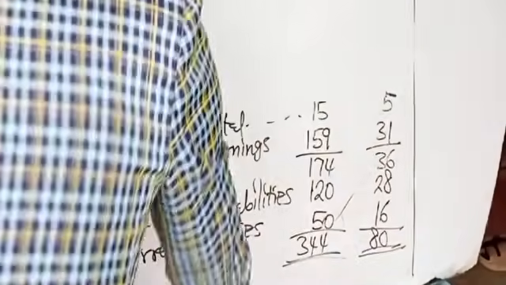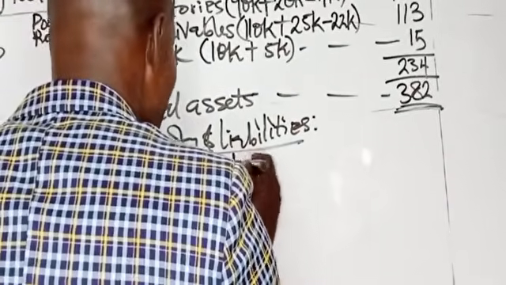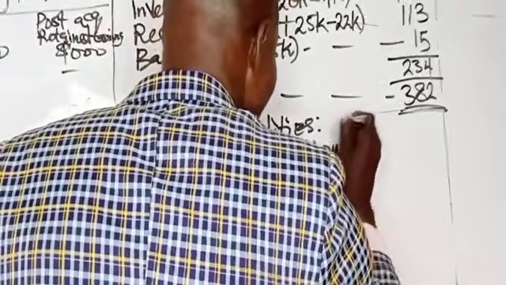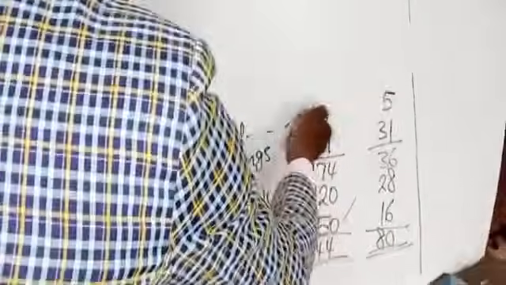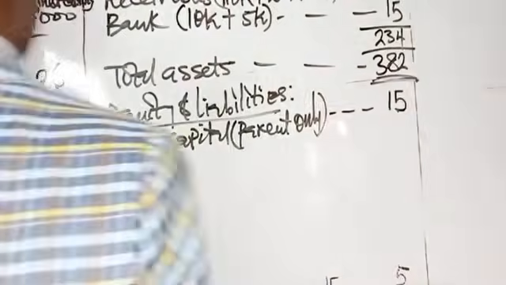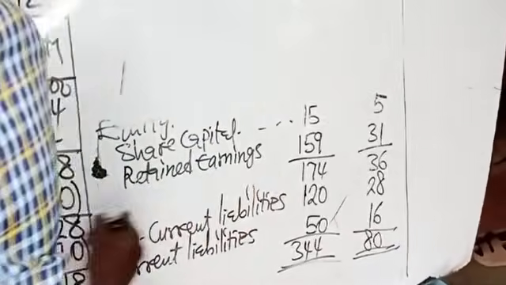So we have share capital, parent only. The share capital of the parent is given to be 15,000.